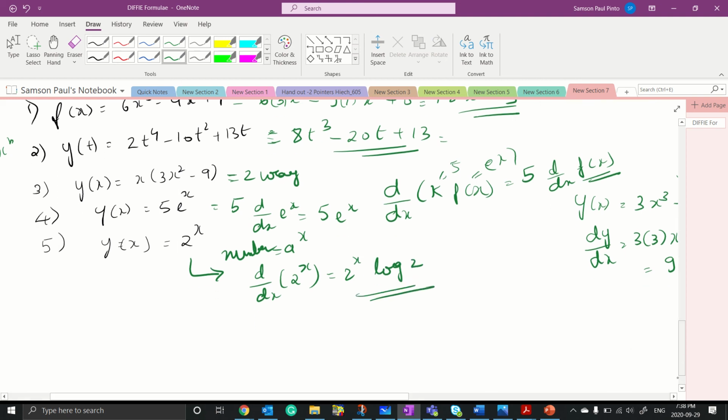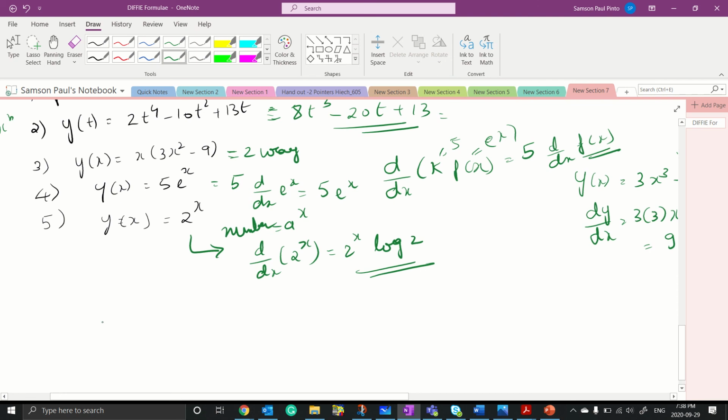Now I am going to show you one more problem which I was thinking of showing you guys in two methods. That problem is log x by x. I wanted to show this problem to you guys.